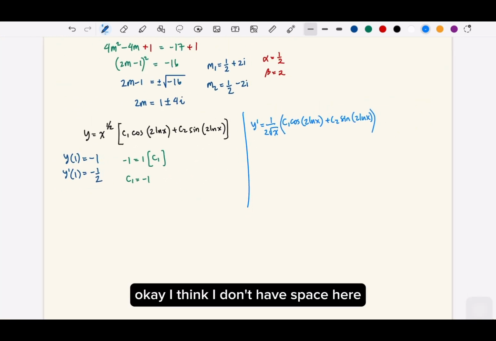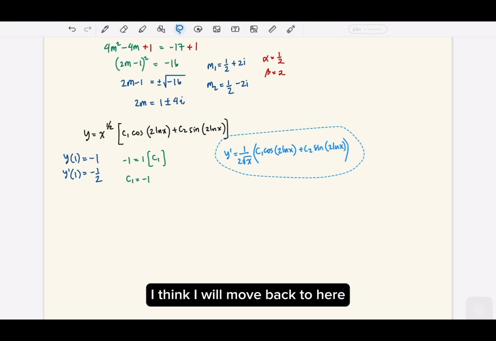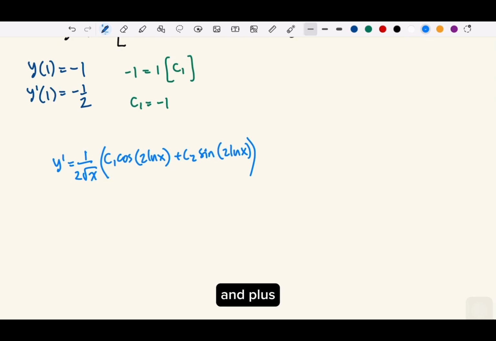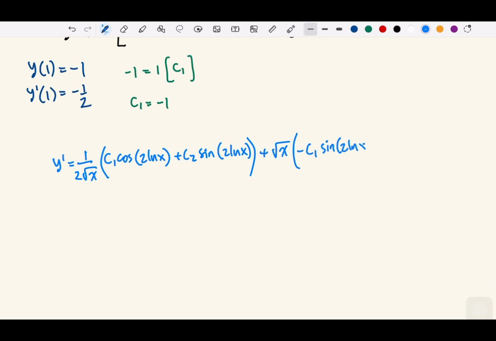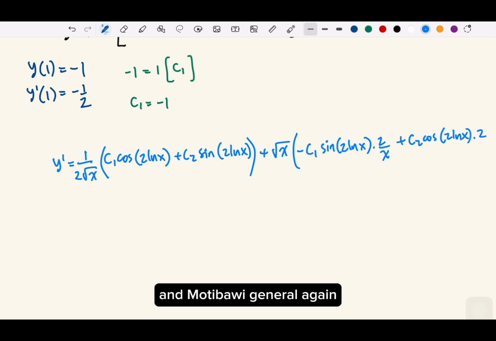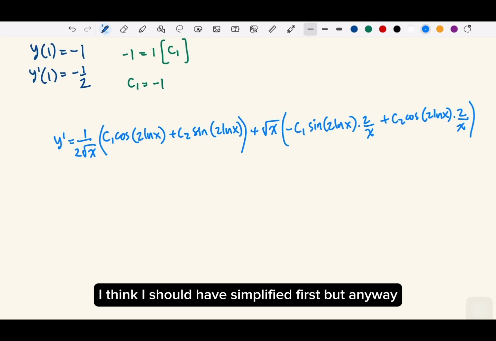Okay, I think I don't have space here, I will move back to here, and plus square root of x, and then differentiate the inside, negative sign, multiply with chain rule, plus C2 cosine, and multiply with chain rule again. I think I should have simplified first, but anyway, we can just try.